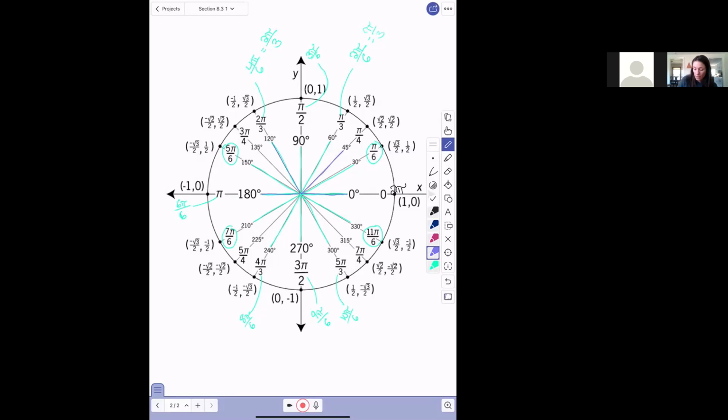And that's perfectly fine. These purple ones each represent a third. Each of these angles is a third of the pi.